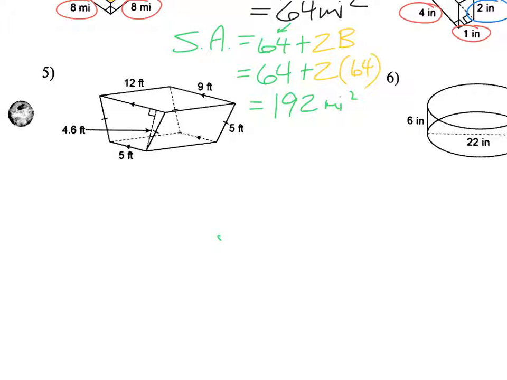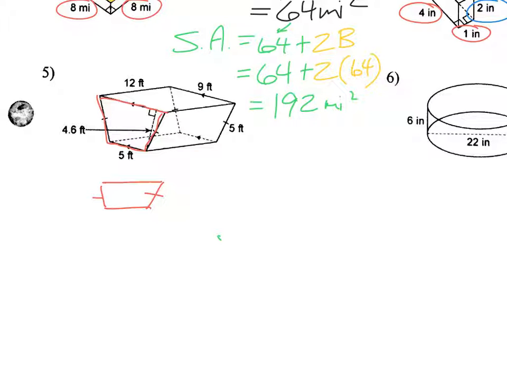Okay, this is a trapezoidal prism. So the base is actually the trapezoid. So here's the base figure. Okay, so I got to get the perimeter of the base. So what I'm going to do is actually bring the trapezoid down.